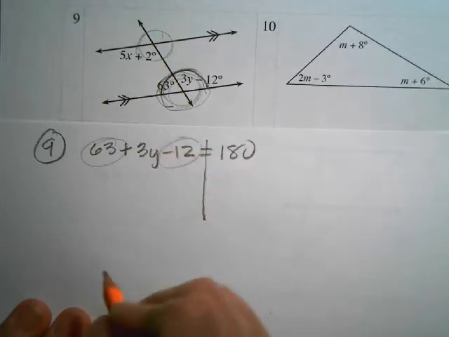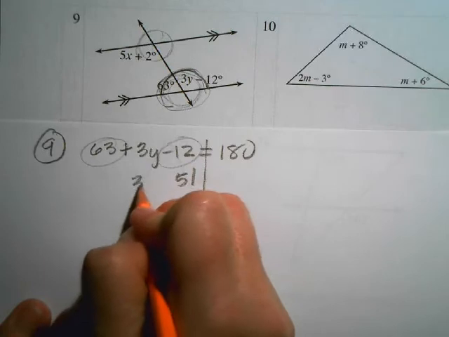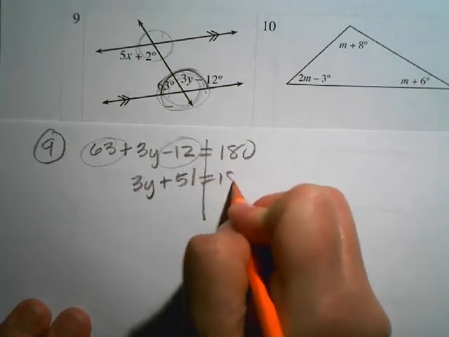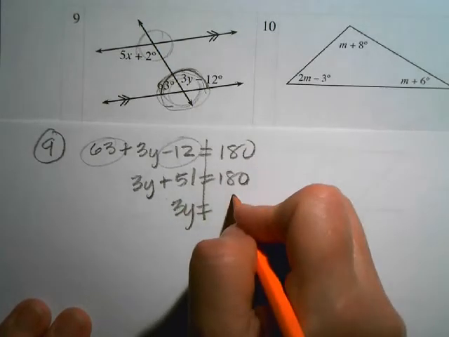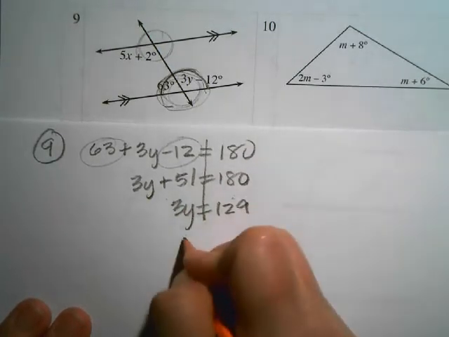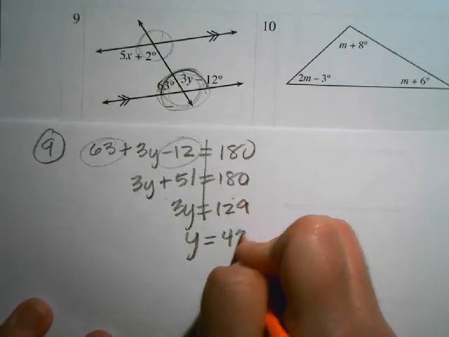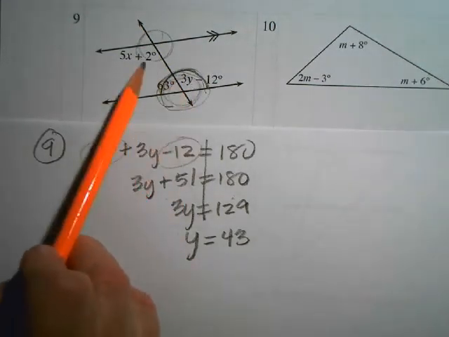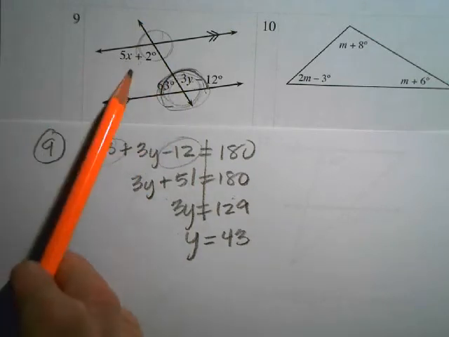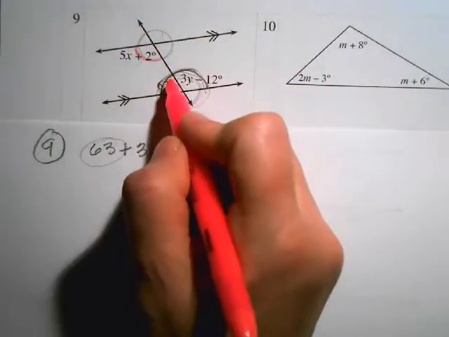Combine like terms. Subtract 51 from both sides. Divide both sides by 3. 43. Okay, so y equals 43, and then you could set this up different ways. I'm just going to look at these 2 angles right here.